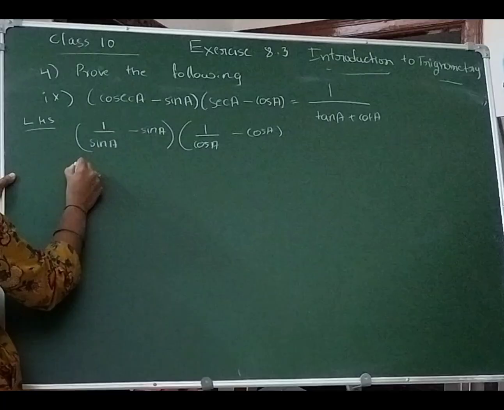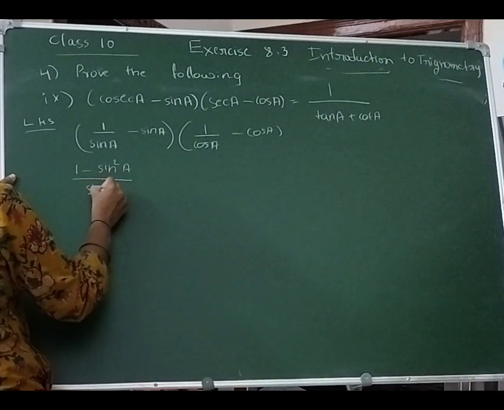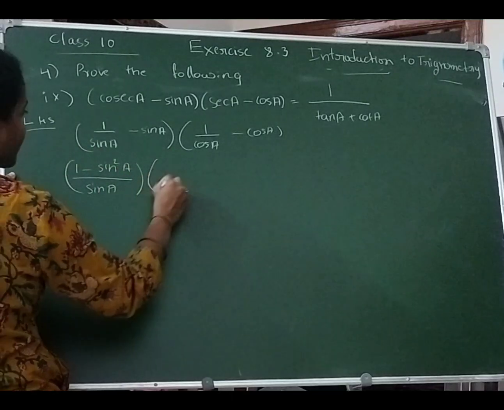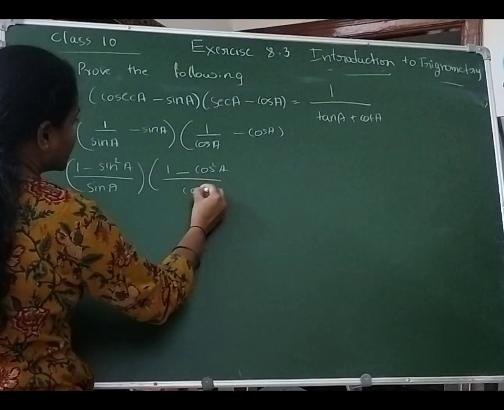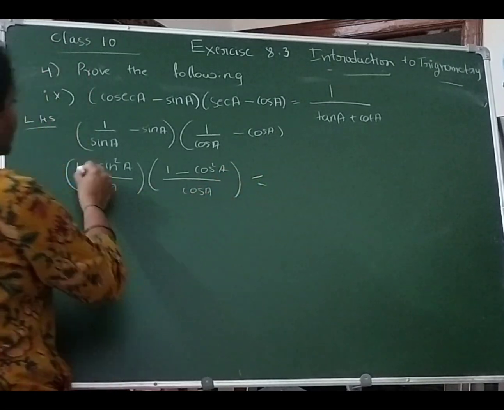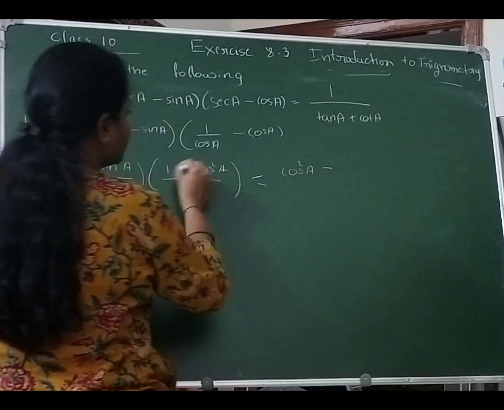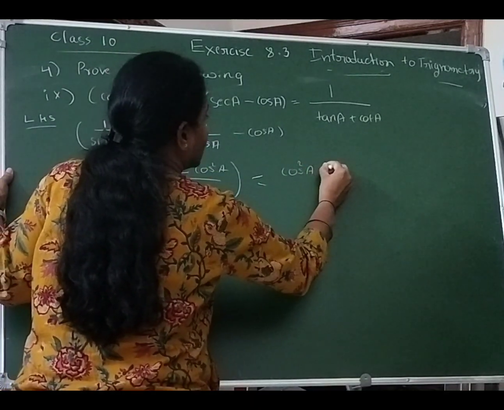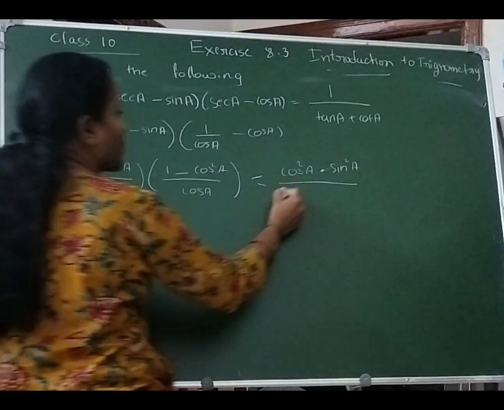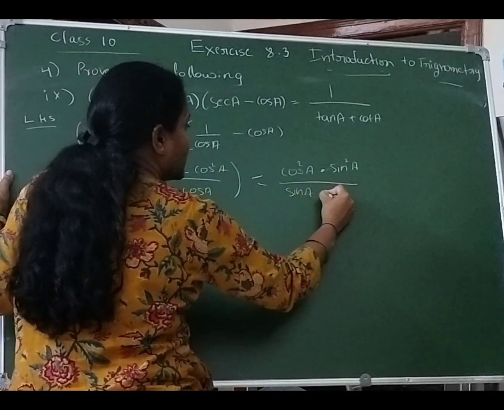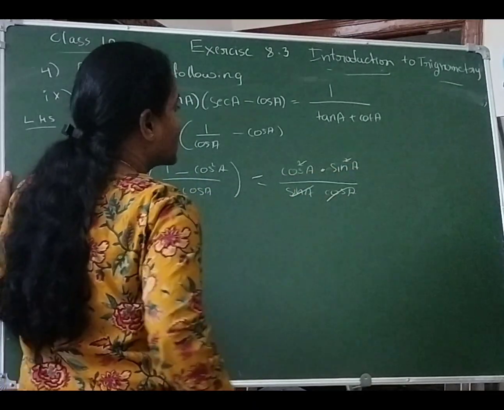So taking LCM, it will become (1 minus sin square A) divided by sin A into (1 minus cos square A) divided by cos A. Right? 1 minus sin square A, we know that it is cos square A. Similarly, 1 minus cos square A is nothing but sin square A. So it will become cos square A into sin square A in the numerator, and denominator sin A into cos A. So one sin will get cancelled and also one cos will get cancelled.